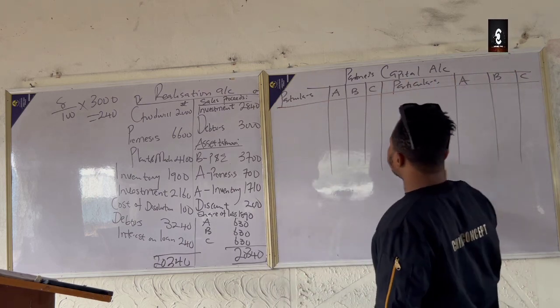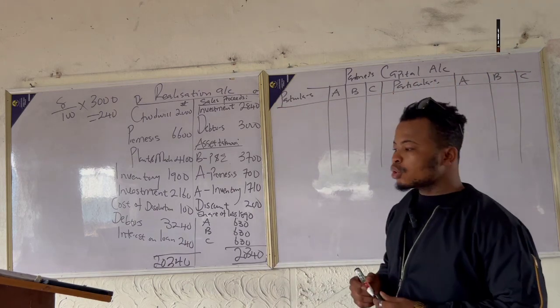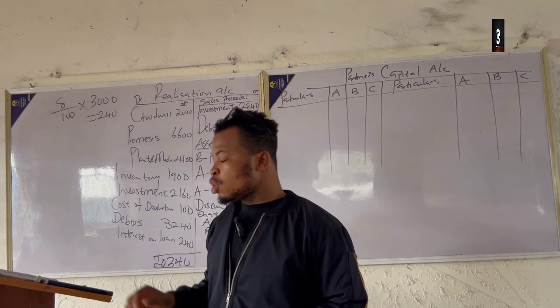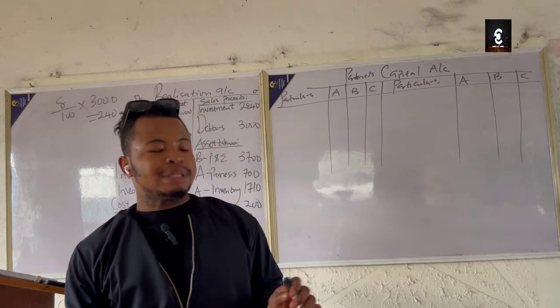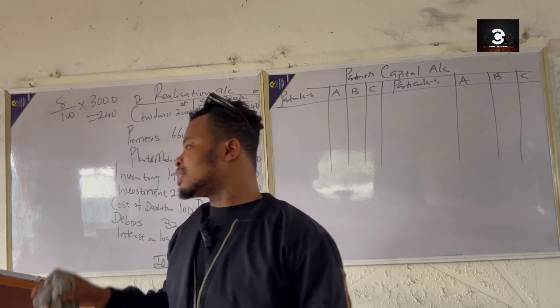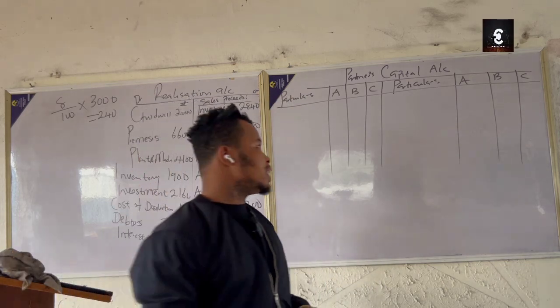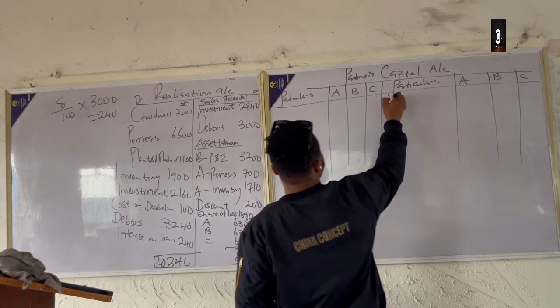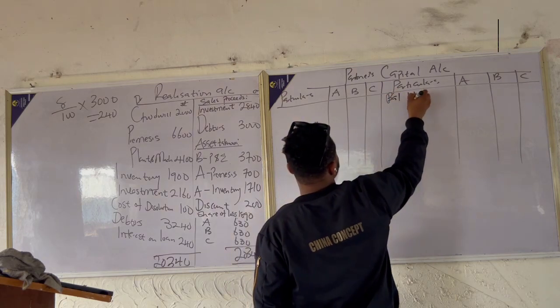So when you have something like this, first thing foremost here is, since we are talking about partners capital account, what do you do? You bring down the capital balance. How much did this person use to start up this business? So from the question, balance brought down.